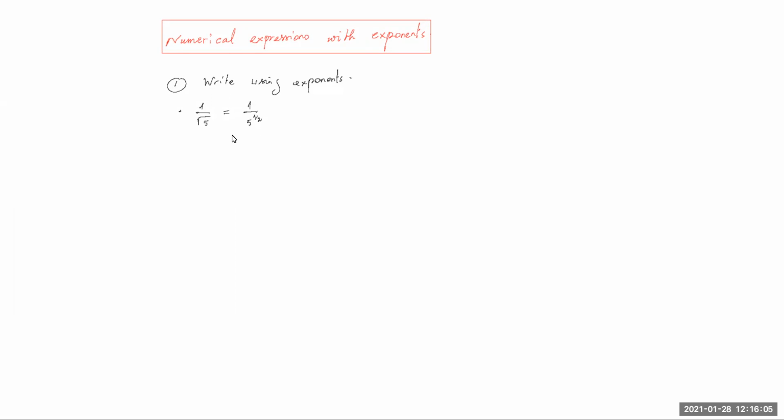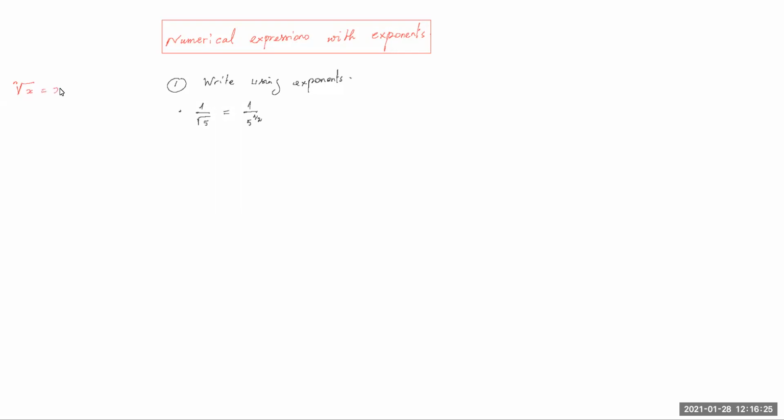Then I will try here to remind some of the corresponding rules we are using. So for example, we used here this notation, nth root of x.